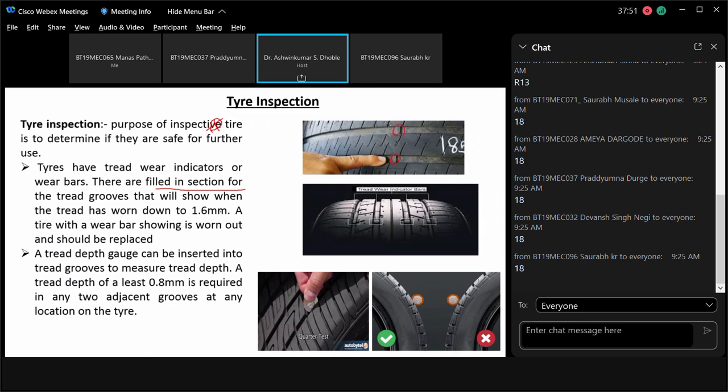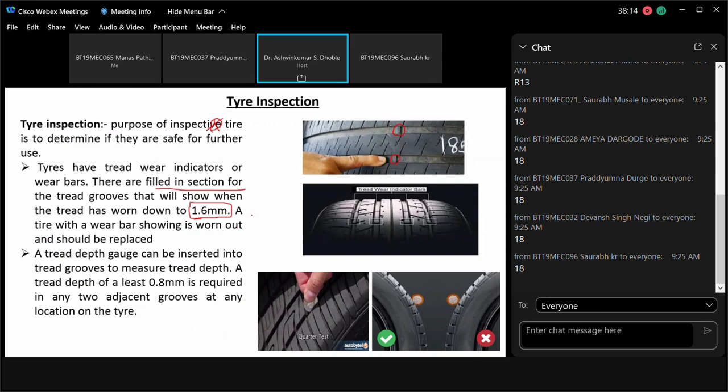Okay, the tread grooves will show when the tread has worn down to 1.6 millimeter. So you can have the depth gauge, you measure that. If it is worn out to 1.6 millimeters, then you can take the corrective action. A tire with a wear bar showing is worn out and should be replaced.